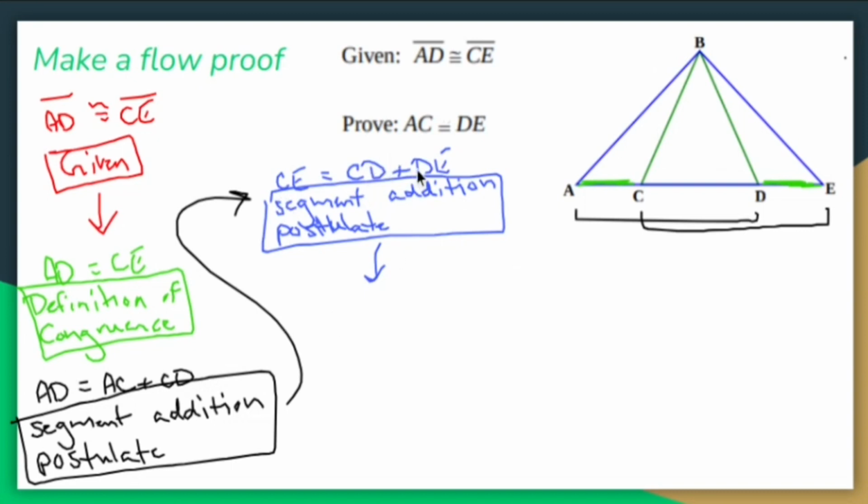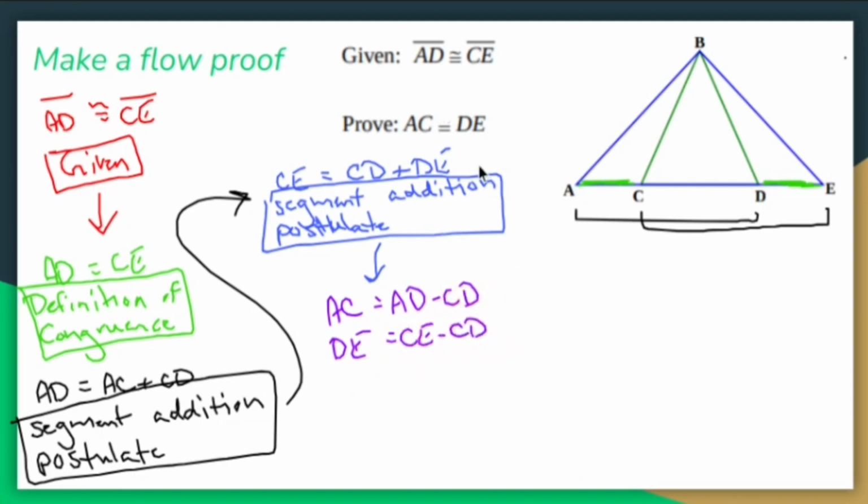So I will take this one, and I will subtract CD from both sides to get AC all by itself. So AC equals AD minus CD. Similarly over here, if I get DE all by itself, it's because I subtract CD from both sides. So DE equals CE minus CD.